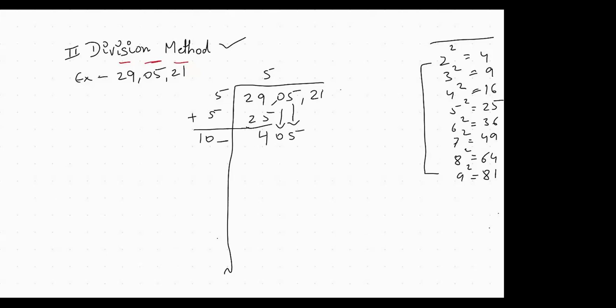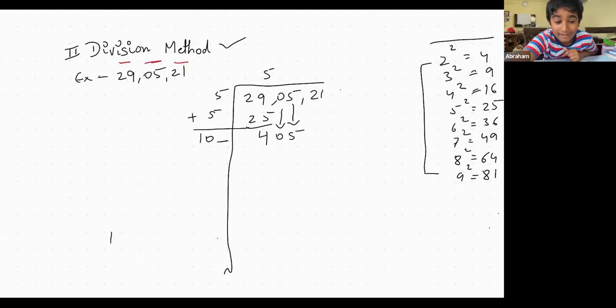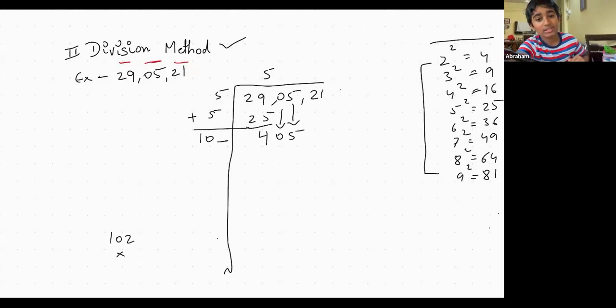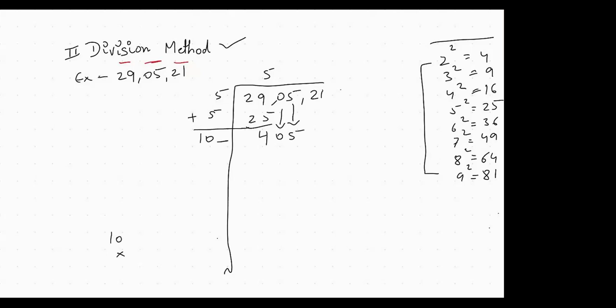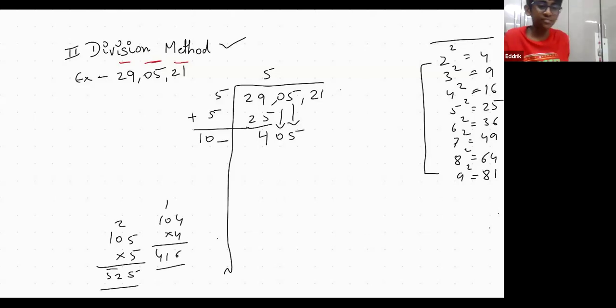If I do 105 times 5, this is bigger. Let's take 4, this is also big. Bigger. Let's take 3. 103 times 3 is not bigger.